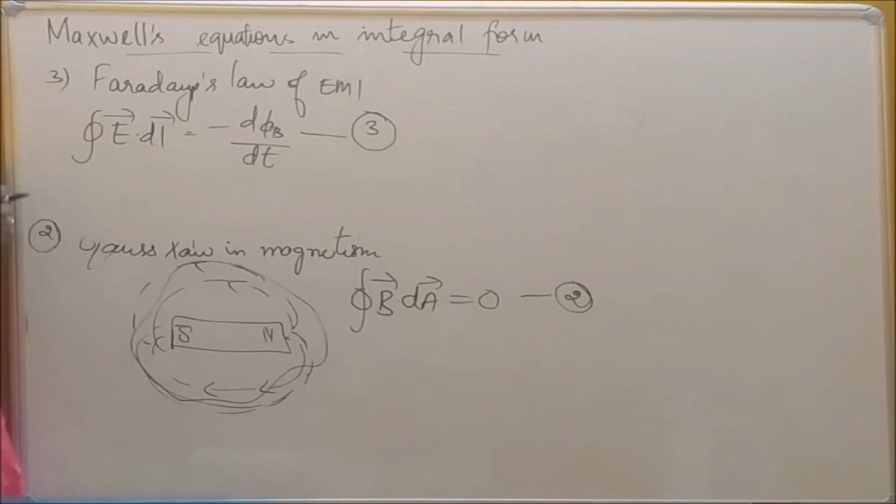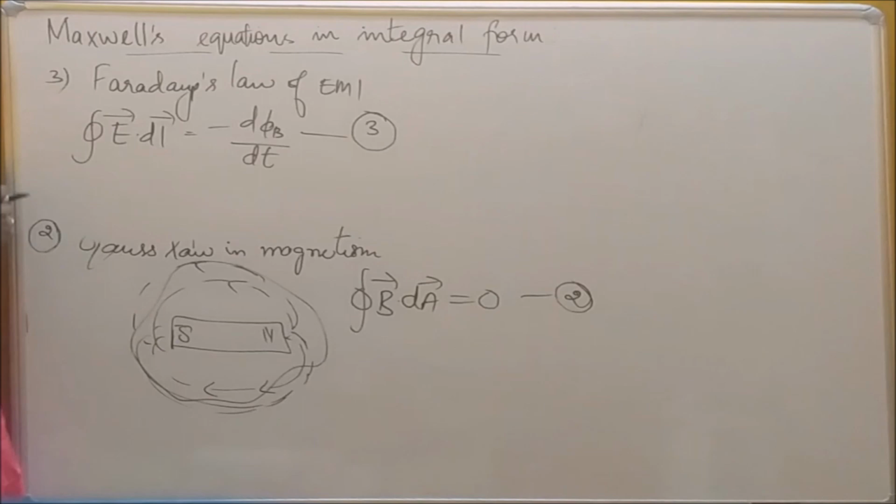This means the line integral of the electric field over a closed path is equal to the negative rate of change of magnetic flux. This is nothing but Faraday's law of electromagnetic induction. This is the third equation of Maxwell's equations, equation number 3.